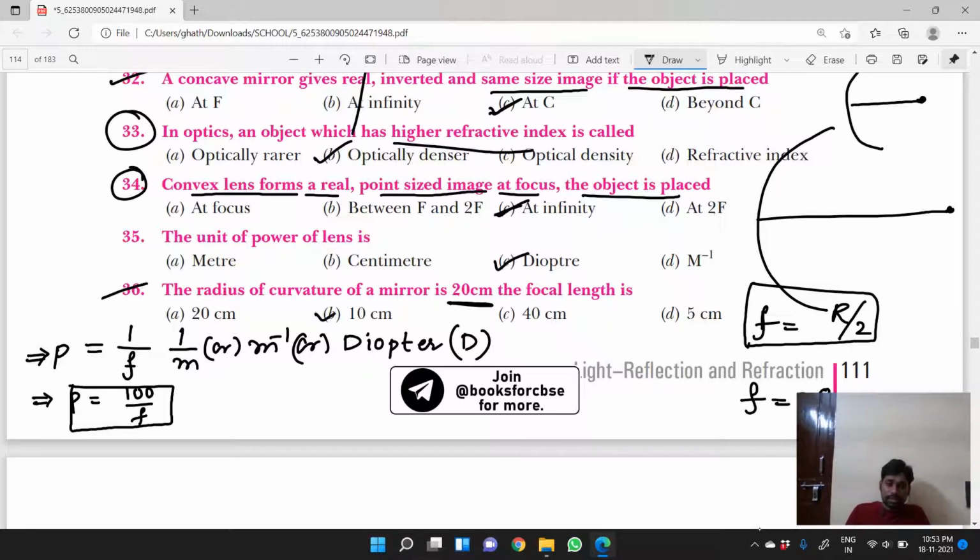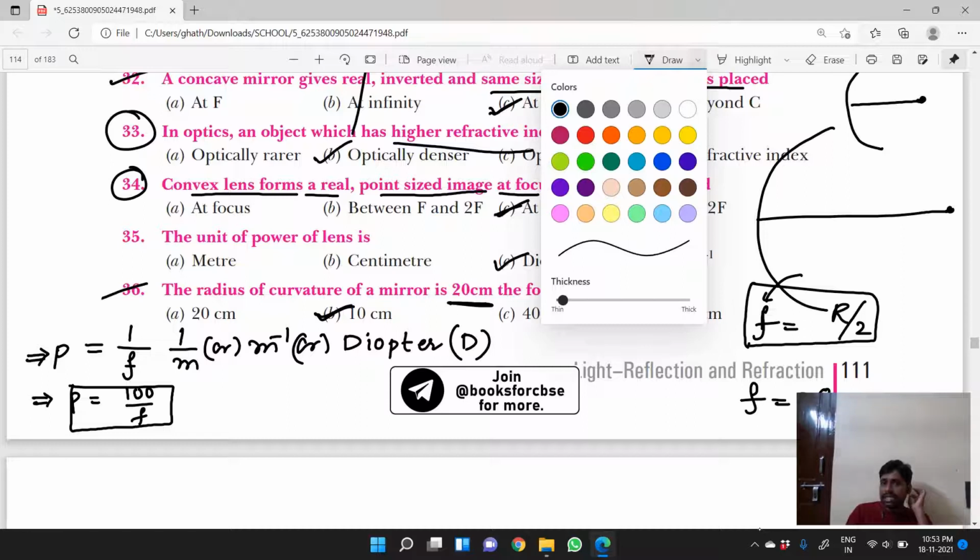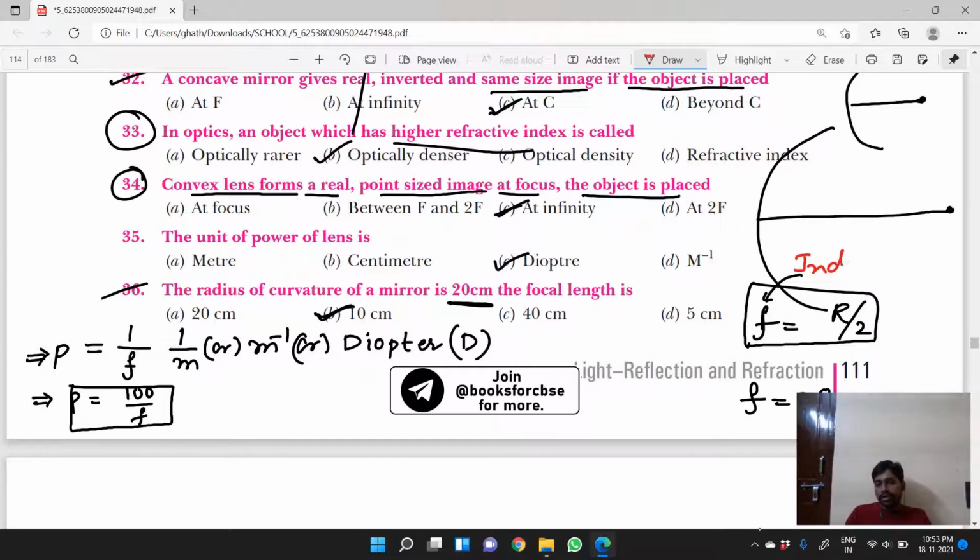So the answer is D. My dear students, here the question is very important. This radius of curvature and focal length are independent of the medium.